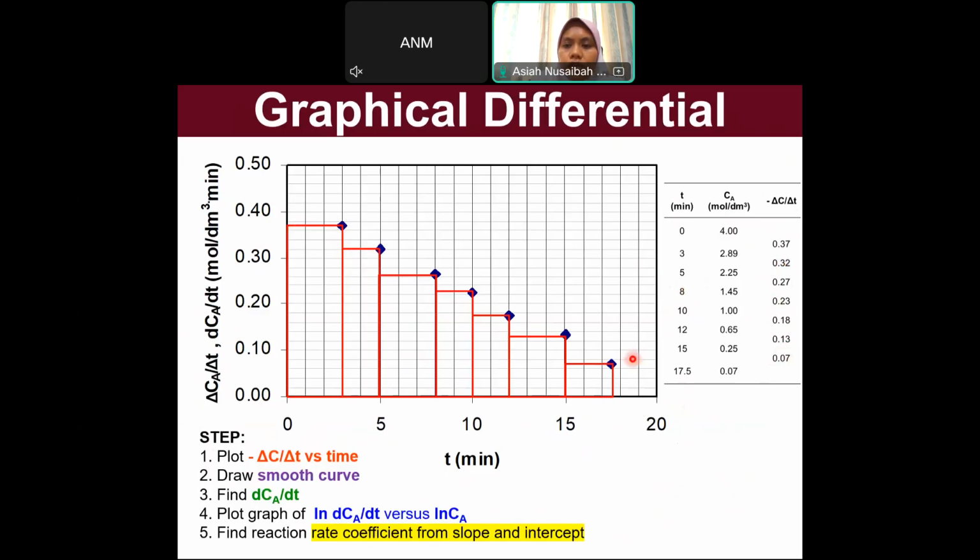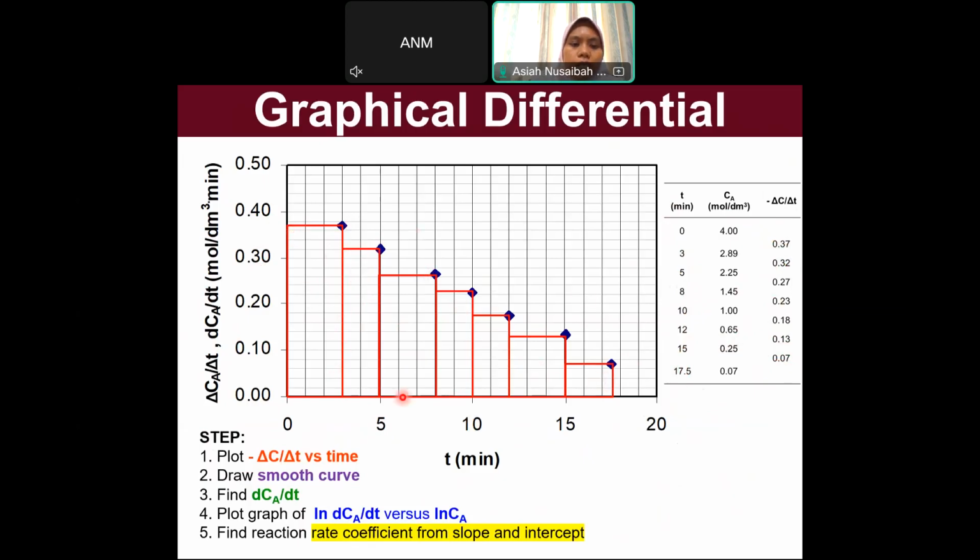If we have 8 data points, we're going to have 7 histograms. So we have 7 histograms here.